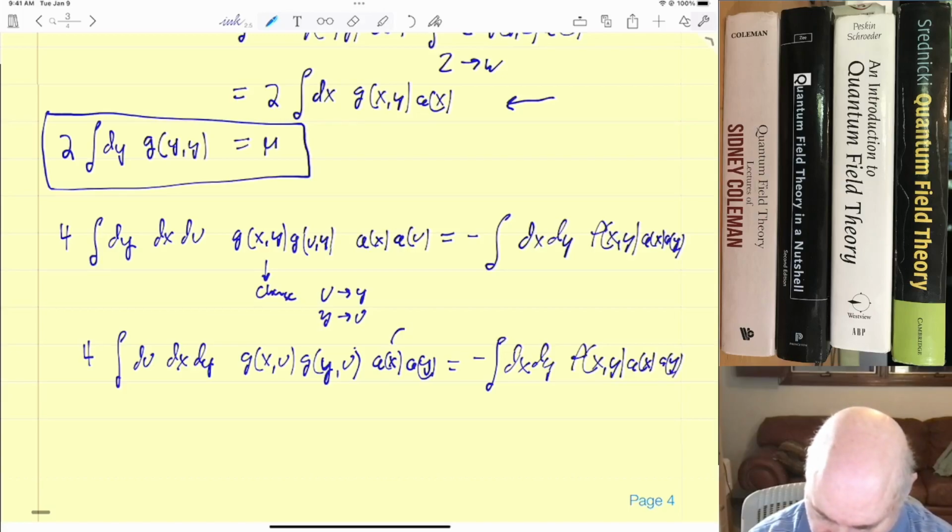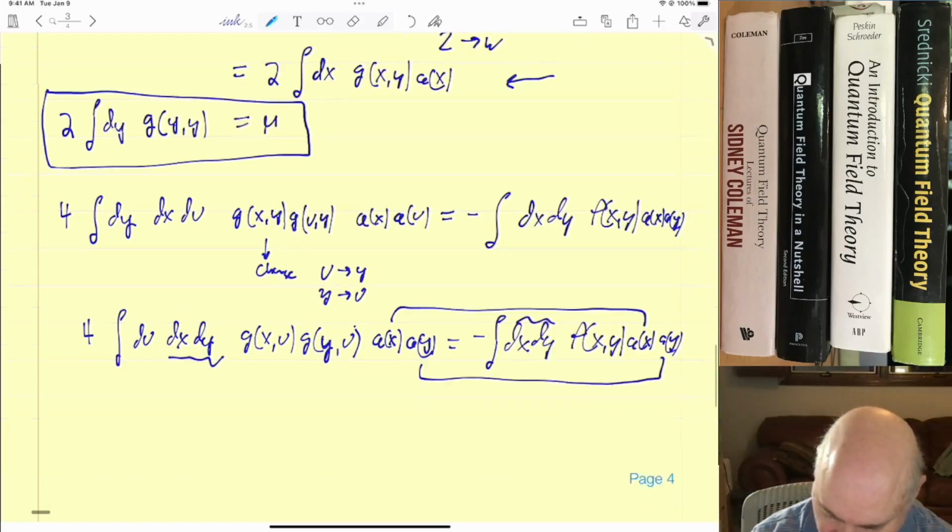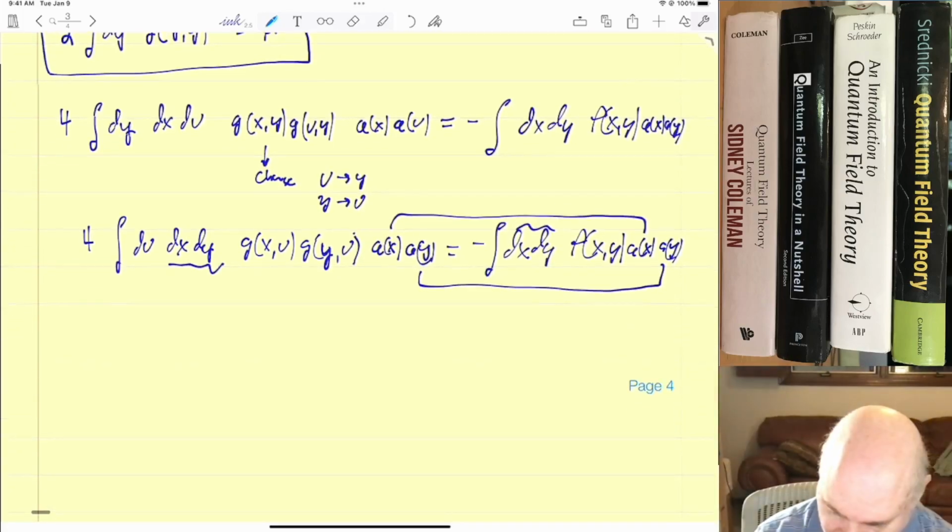It's symmetric, so it doesn't really matter how I write it. So we have the a of x a of y that line up nicely, and the integrals line up nicely. So we just get our final equation: f of x comma y is equal to minus 4 times the integral of du g of x comma u g of y comma u.